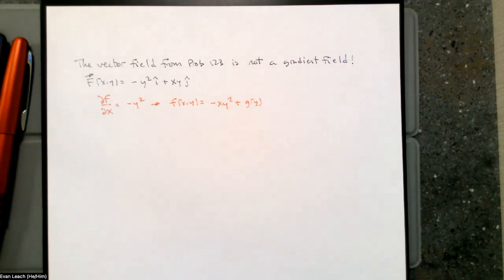Since we're dealing with partial derivatives, a function just of y will look constant when we take partial derivatives with respect to x.